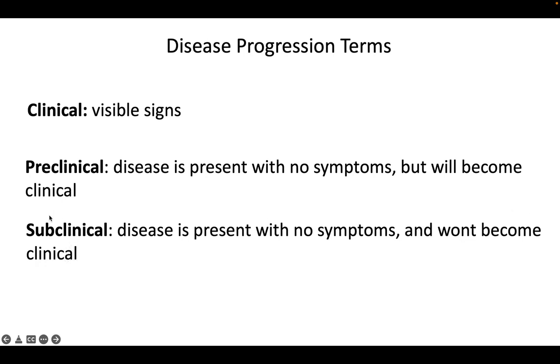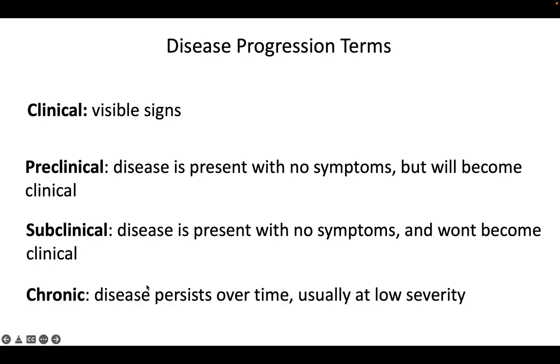The difference between these two is that with preclinical, the reason you don't have symptoms is because you're at an early stage of the disease. With subclinical, it doesn't matter what stage you're at, it's more just that it's not severe enough to create clinical signs, even though you have the disease. And chronic is when it persists over time, and it's usually not severe. It's usually just a low chronic infection for a very long period of time.